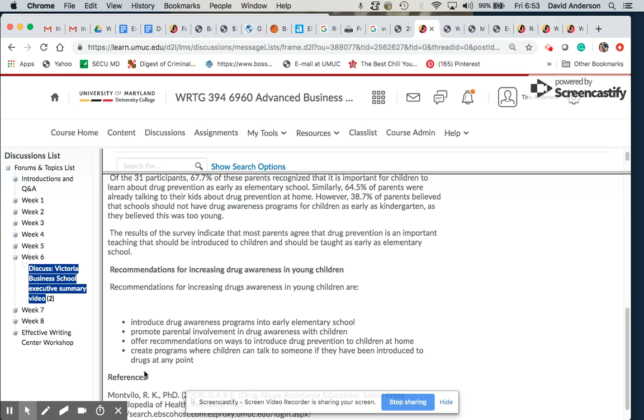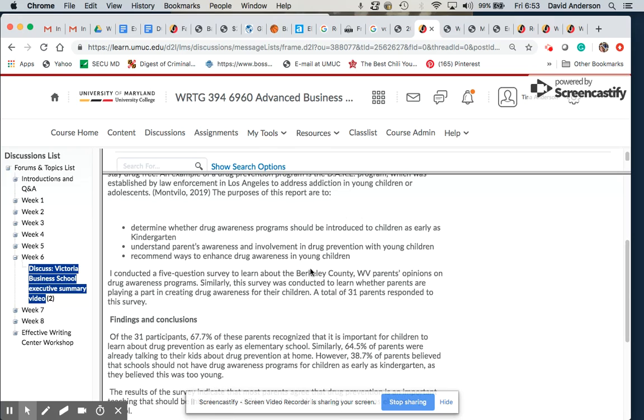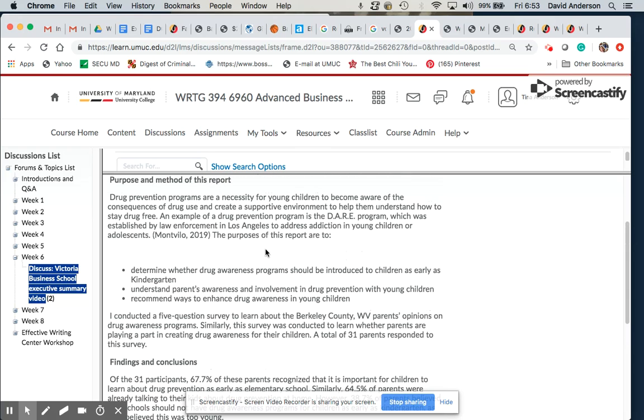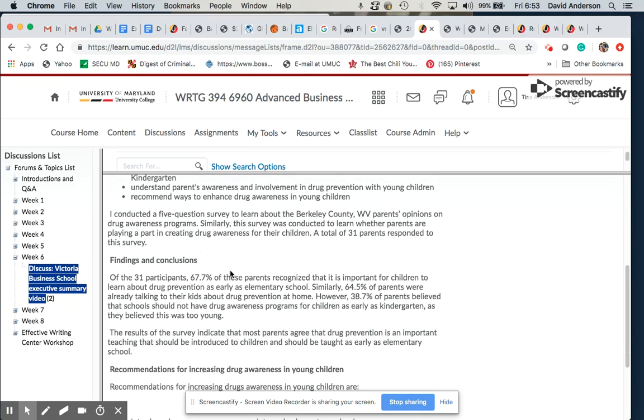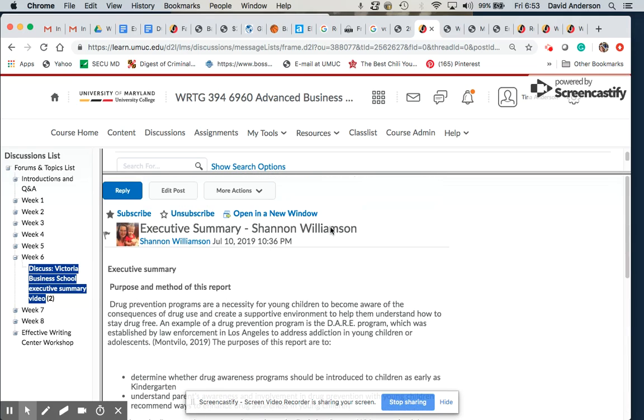You want to remove those references, because here you're just summarizing the whole of your report. Here's our problem. This is what the research shows, what the research from our specific building or our specific industry has gathered. And these are the findings and conclusions, and these are the recommendations.